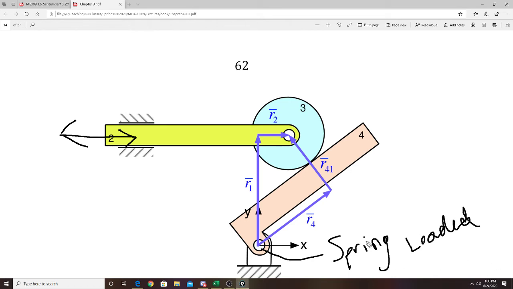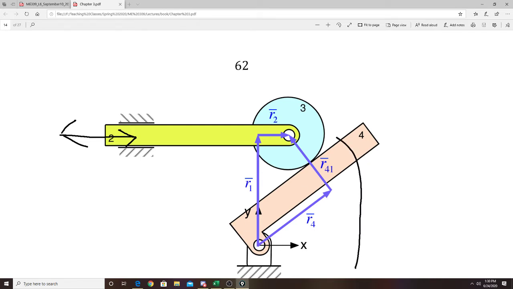If it's spring loaded, it's always going to maintain contact with that, right? Would you agree? If this was just a pinned joint, this would be falling down and this wouldn't work. So you have to imagine that this thing is always contacting right here, no matter what.